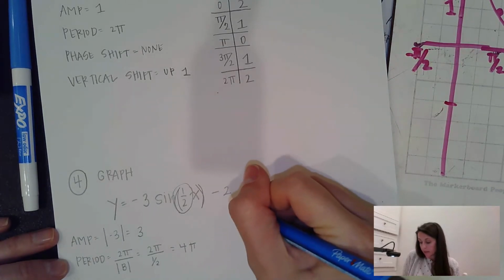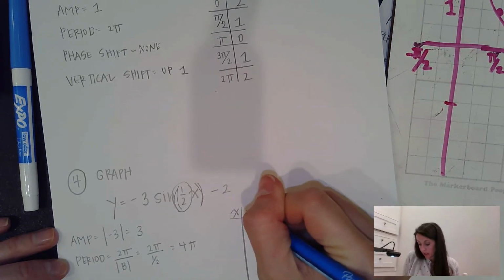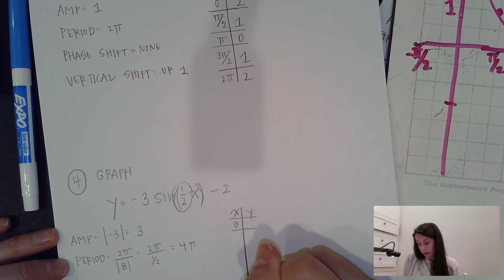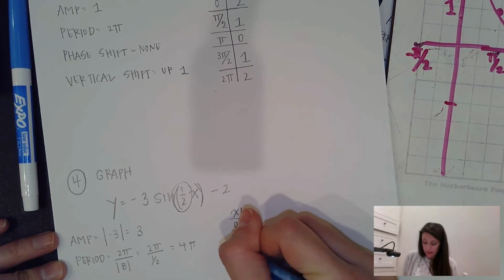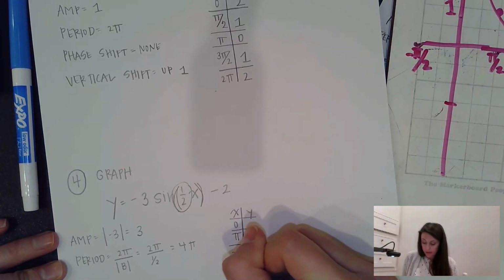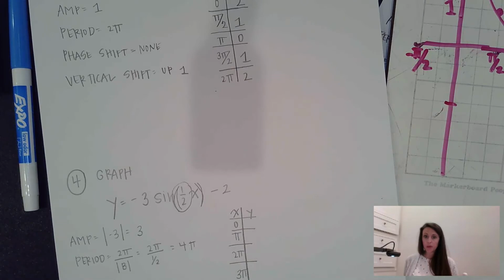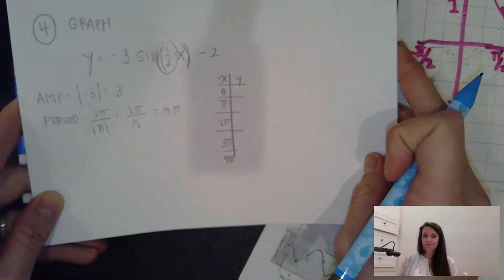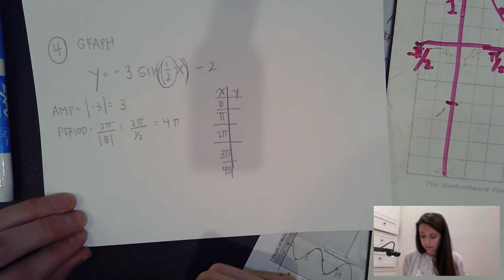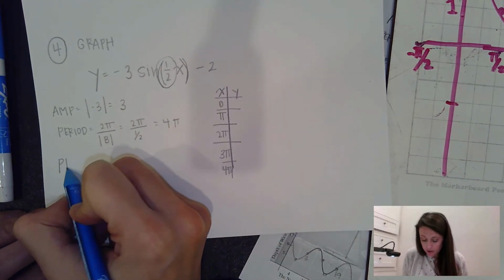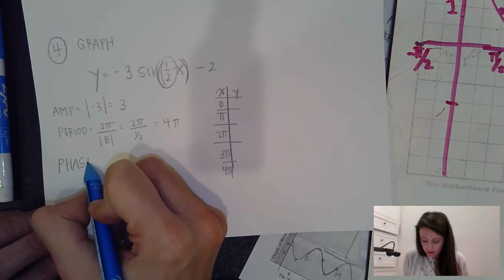So that means your x values are going to go in between 0 for one period to 4 pi. So divide that by 4, so this will be 0, pi, 2 pi, and then 3 pi, and then 4 pi. Okay. Is there a phase shift?